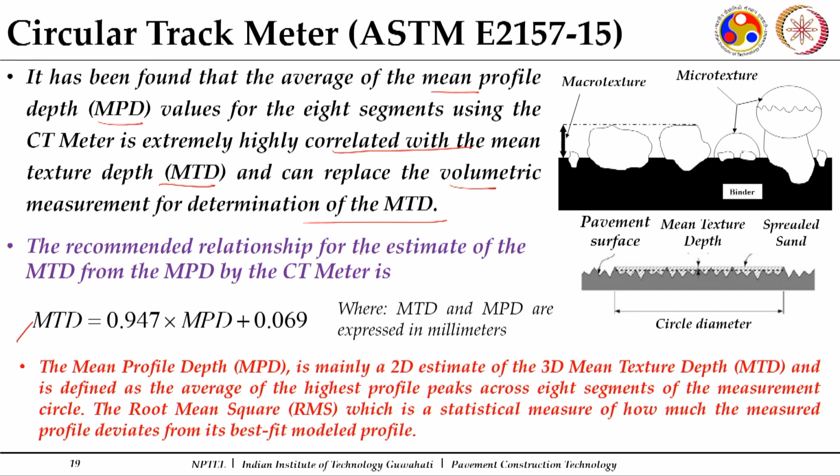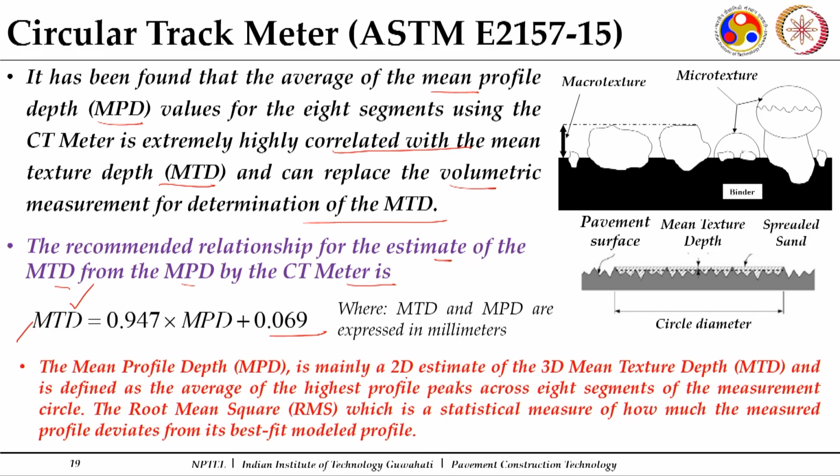The recommended relationship for the estimate of mean texture depth from the mean profile depth by the circular track meter is a standard expression used for converting your mean profile depth, obtained from the circular track meter, to your mean texture depth, which we get from the sand patch method.